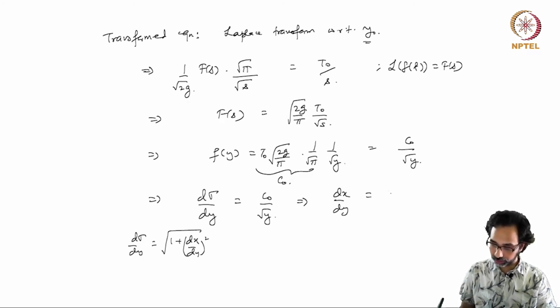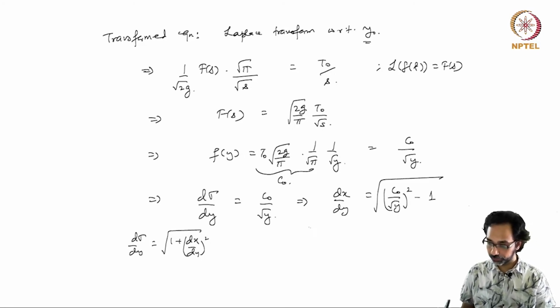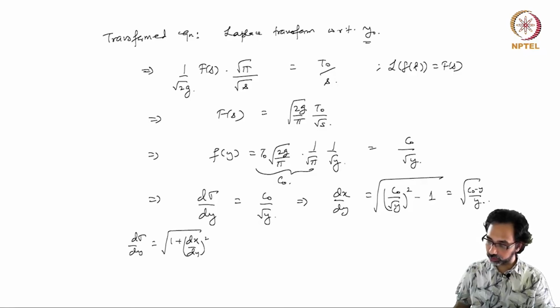dx over dy is equal to c naught over square root of y squared minus 1, and you have a square root again. So this is simply the square root of (c naught minus y) over y.